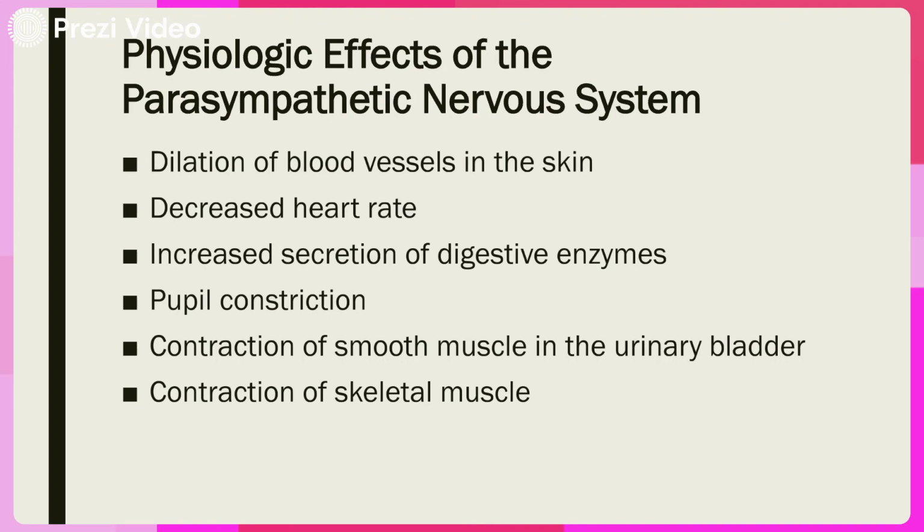You will see an increase in the heart rate instead of a decrease in the heart rate. Instead of metabolizing food faster, now you're going to metabolize food slower, right? Because now we're going to decrease the secretions of those digestive enzymes. Instead of seeing the pupils constrict, you will see them dilate, and so on and so forth.